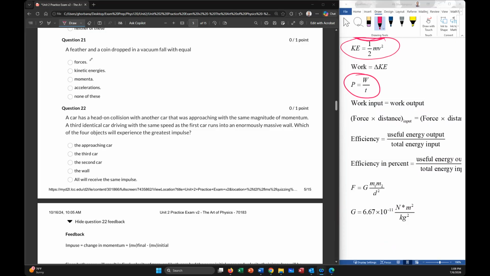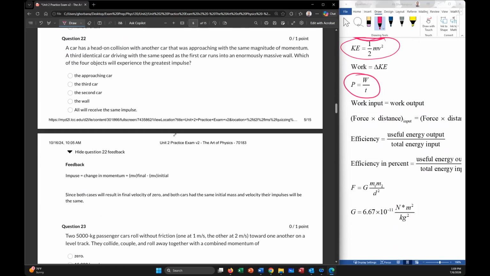The weight of the coin is going to be bigger than the weight of the feather. Kinetic energy will be same or different? Different. The velocity will be the same for both, but the kinetic energy is 1 over 2 mass velocity squared. The one with bigger mass will have the bigger kinetic energy. Momentum, again, is mass times velocity. The velocity is the same but the mass will be different, so the momentum will be different. The only thing which is the same is the acceleration.